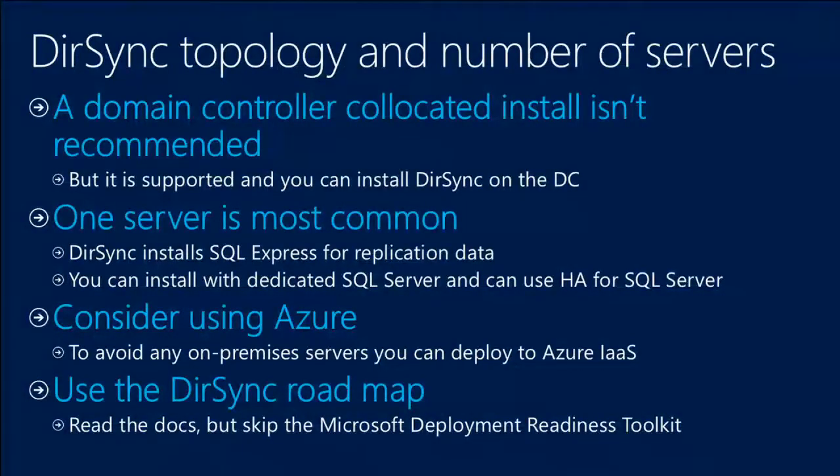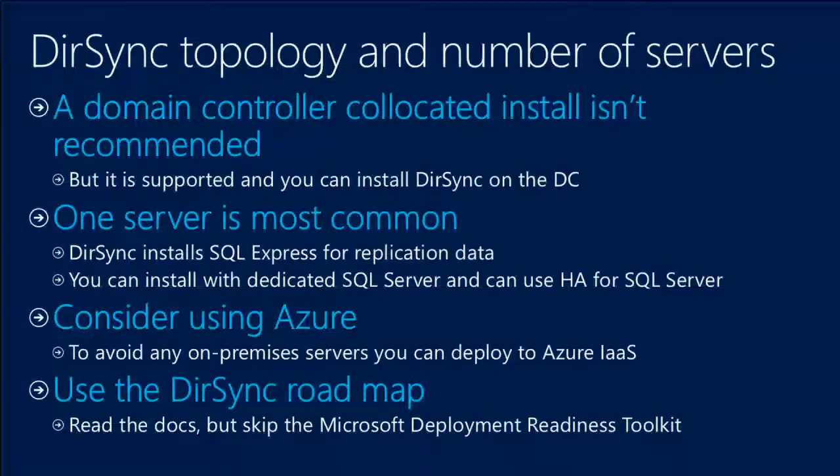We don't recommend it because DirSync installs SQL Server Express, and having SQL Server on a domain controller, which has a different kind of database, is not normally recommended. You get some memory contention and some other issues going on there. However, we are going to support running DirSync on a domain controller. So if you have a really small implementation and you want to put DirSync on that single domain controller, and you don't have a lot of users, it's going to be okay.